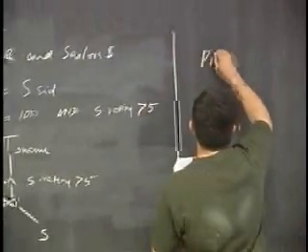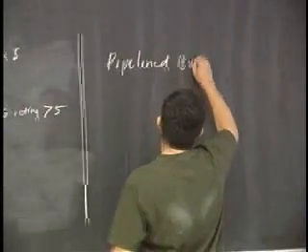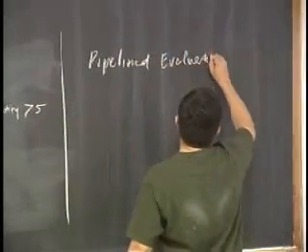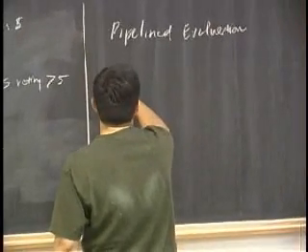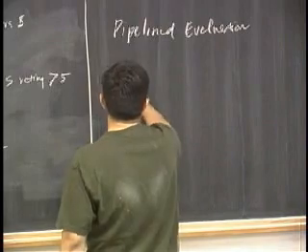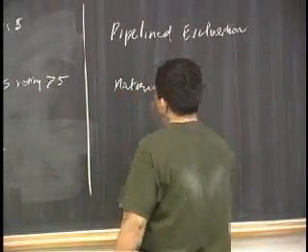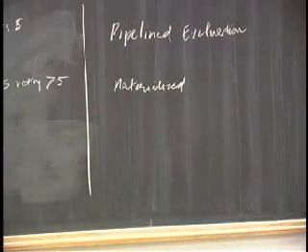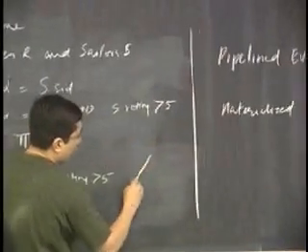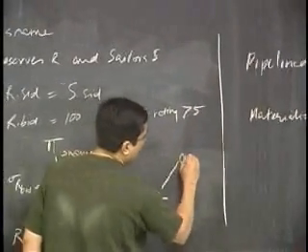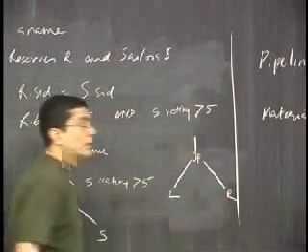One is pipeline evaluation of the operations, and the other is materialized. So for instance, if we have an operator here, and it is going up, and then we have something right here.